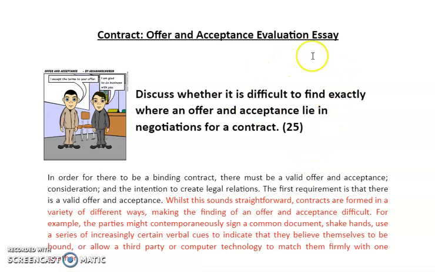A very quick answer is yes, it's actually really difficult to find if there's been a valid offer and acceptance in a contract. But obviously we need to look at how you would write that in an exam to really maximise your chances of getting full marks.